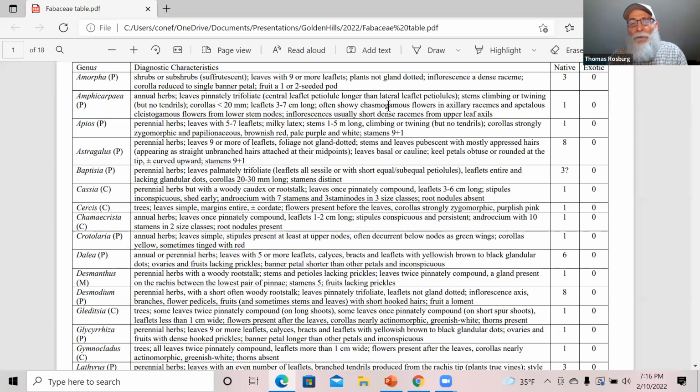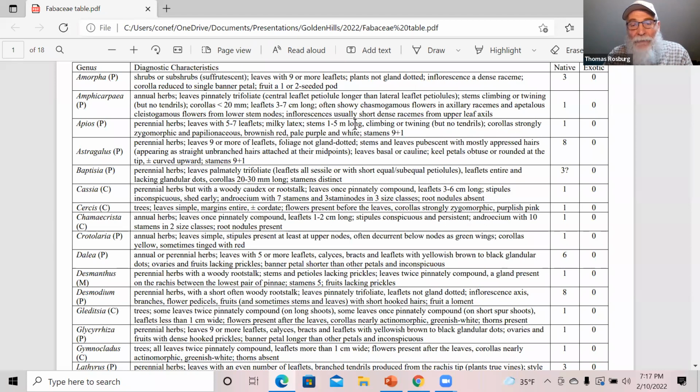It has a big corolla that's attracting pollinators. That's your normal typical flower that you think of, and those chasmogamous flowers are in racemes. It also has cleistogamous flowers, and cleistogamous flowers are really small and inconspicuous. You don't even probably know they're there. They don't have any petals. That's what this means, apetalous. And those flowers are much lower down on the plant, way at the bottom of the stem. Sometimes they're even down in the soil.